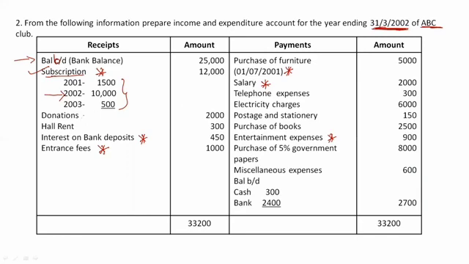In case a donation for a specific purpose is mentioned, for example donation for building, then we treat it as a capital item or capital income, not revenue income.